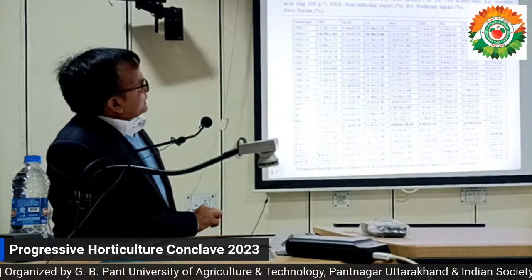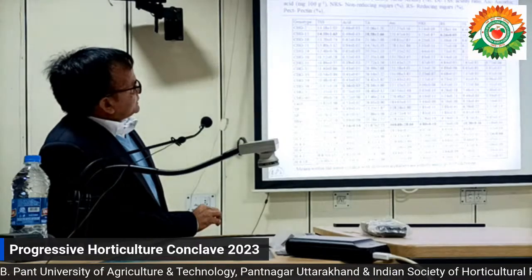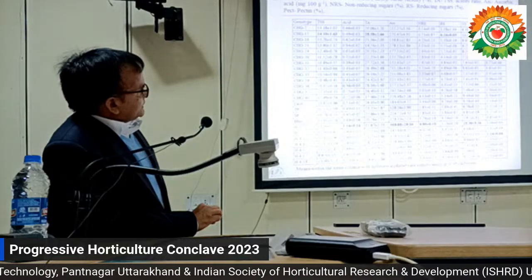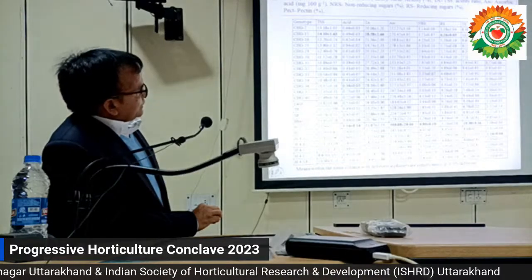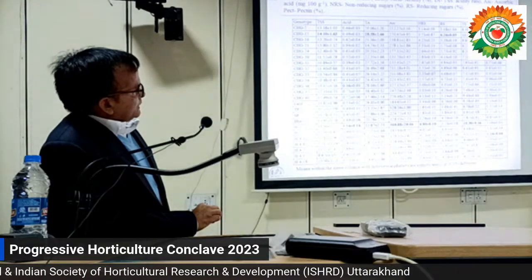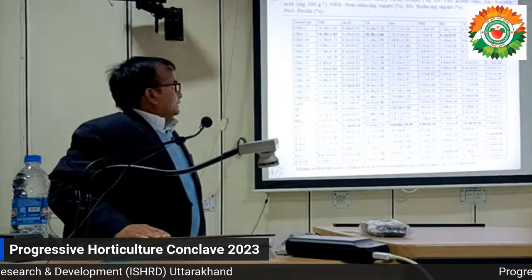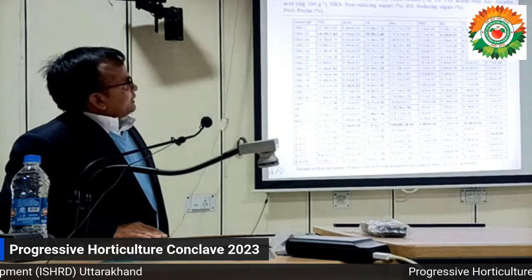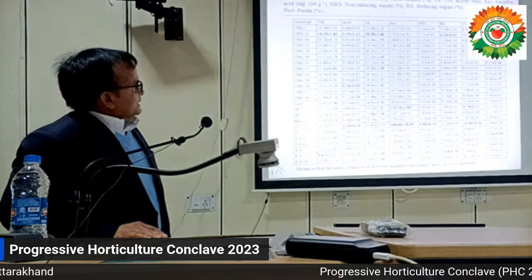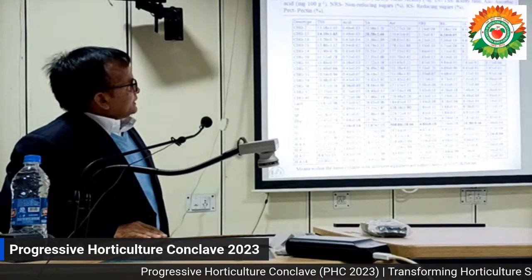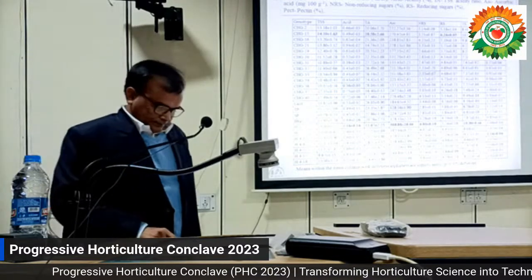It also had a higher amount of vitamin C, along with H1, which had a higher amount of acid and vitamin C, and also a higher amount of non-reducing sugar. And H4/3 had more pectin content.